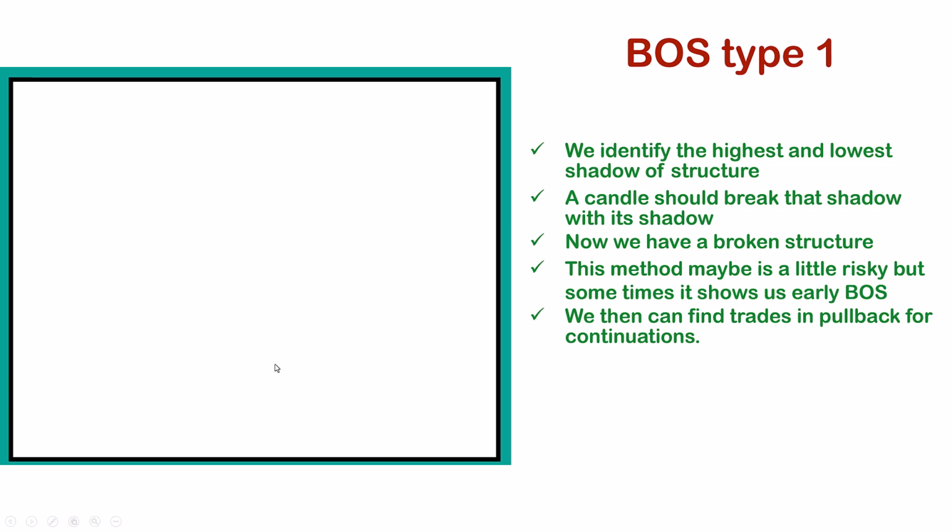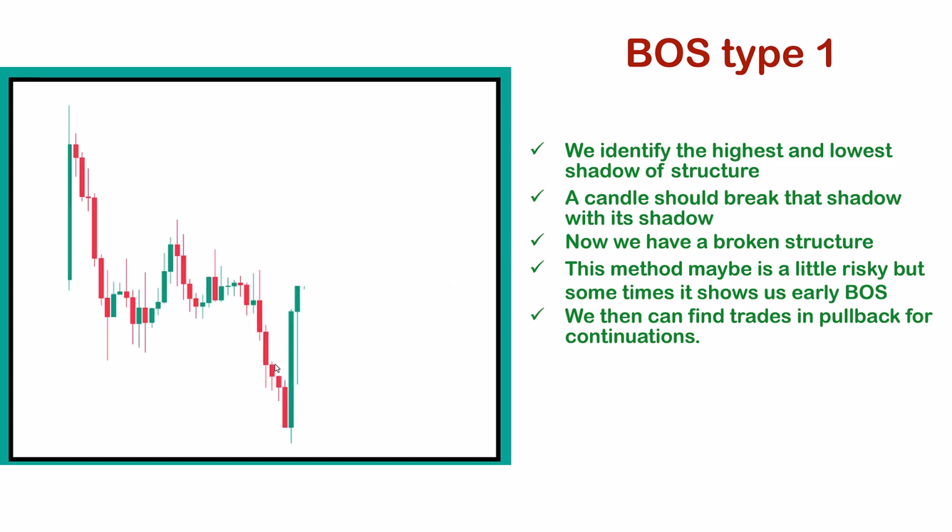For the first kind of break of structure, we first identify the highest and lowest shadow of our primary structural points. For example here, this high broke this low, and this low and this high are our structural points.